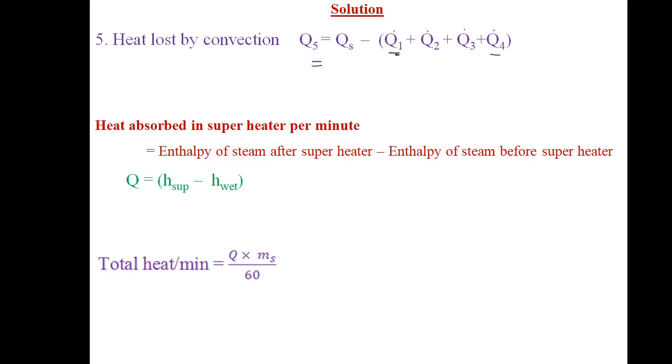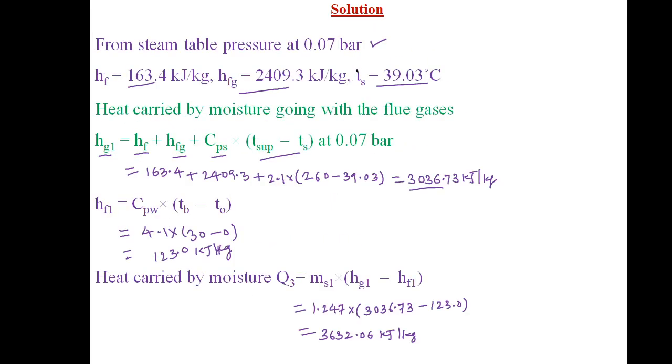So this is carried by steam, this is carried by gases, this is carried by steam in the flue gases, and this is heat loss due to incomplete combustion, and this is the amount of heat supplied. So how much is the amount of heat unaccounted? Q5 is the amount of heat unaccounted. Qs, the amount of heat supplied, is 38,000 kilojoules per kg of fuel that we have calculated. You can see here.